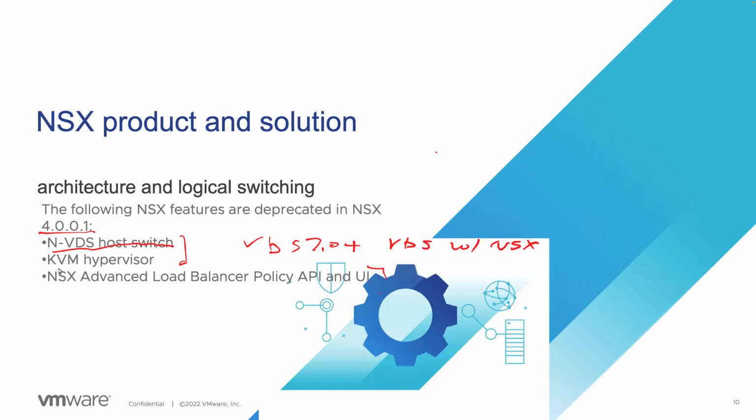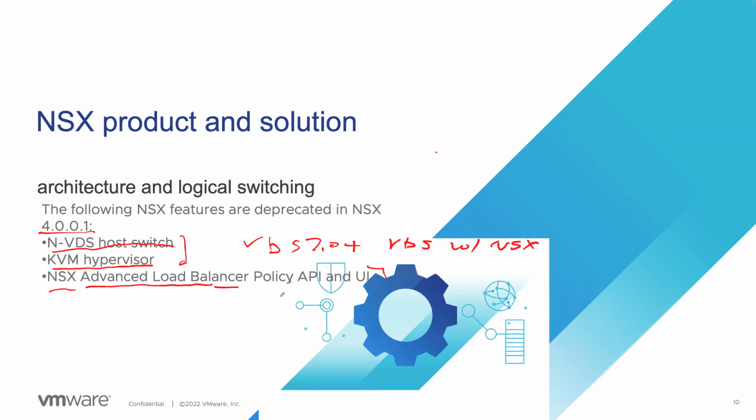We also don't support KVM hypervisor, only the vSphere environment. And in terms of ARB or NSX ALB, previously we had a feature where you could configure your ARB via the NSX user interface.